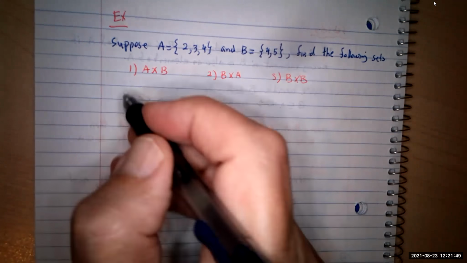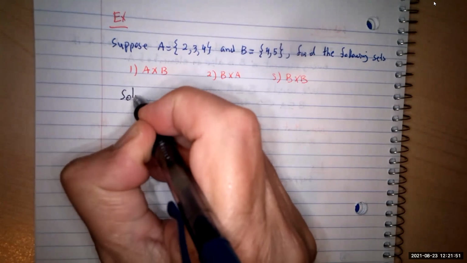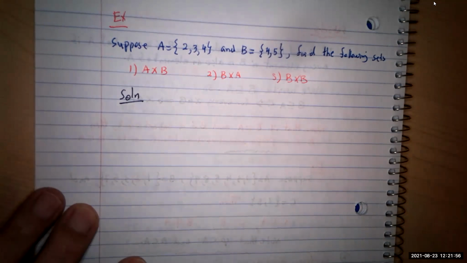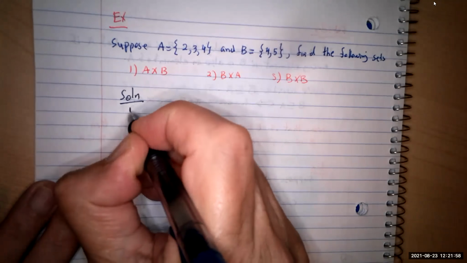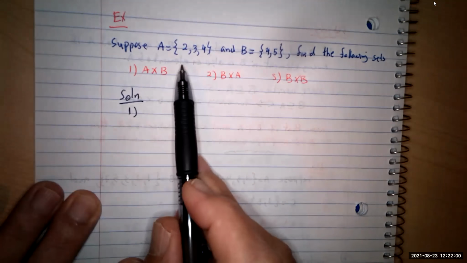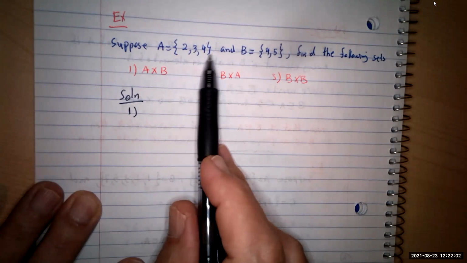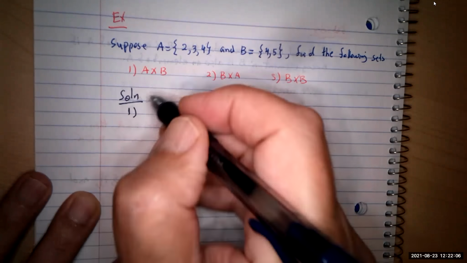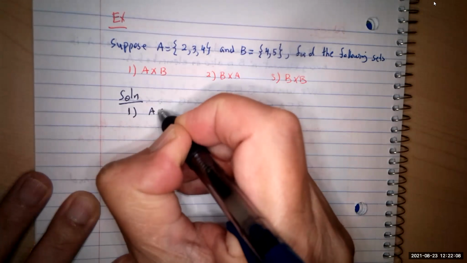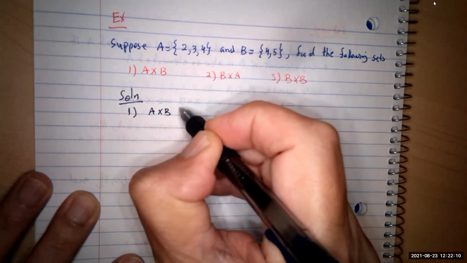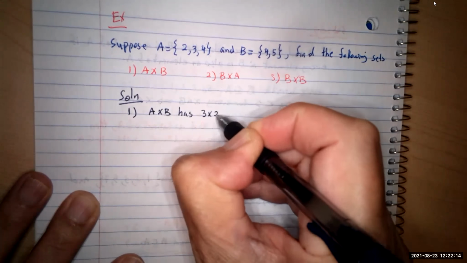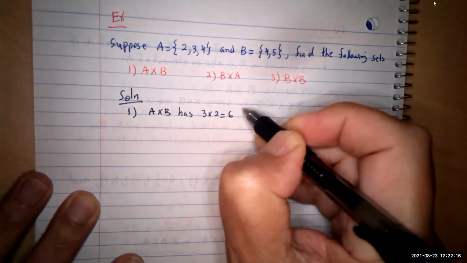So we do the first one. Solution. For the first part, I just remind myself that A has 3 elements and B has 2. So 2 times 3 would be 6. So A cross B has 3 times 2, which is equal to 6 elements.